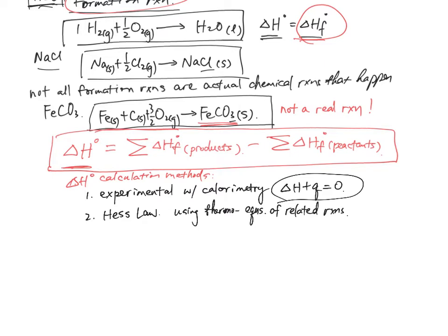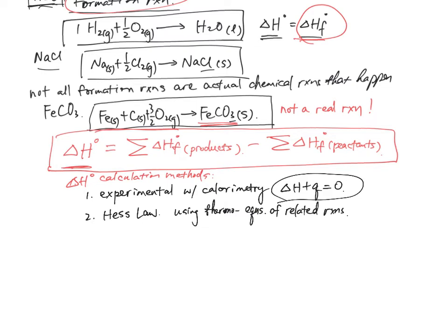All the rearrangements, turning things around, manipulating the equation, manipulating the delta H value, and eventually adding things up. That's Hess's law. So these are the two ways that we know so far to calculate delta H.